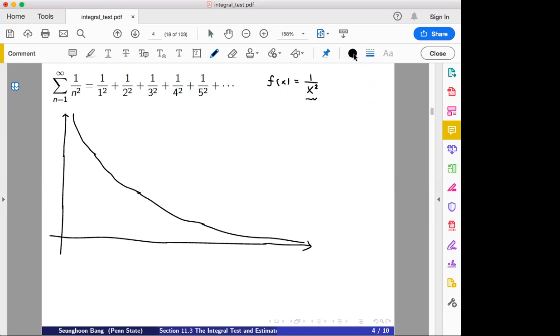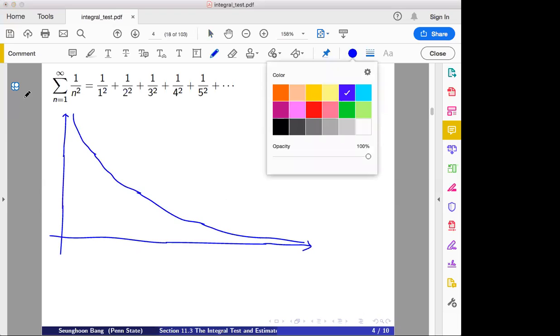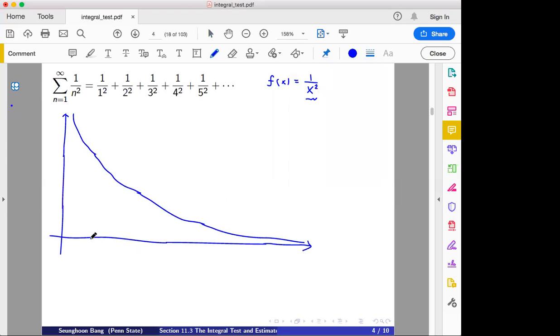Next, we choose a point here, point 1. You can define the function value here. You plug 1 into x, so we have 1 over 1 squared.